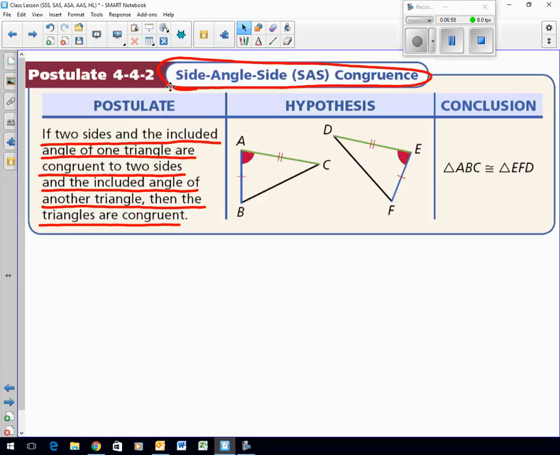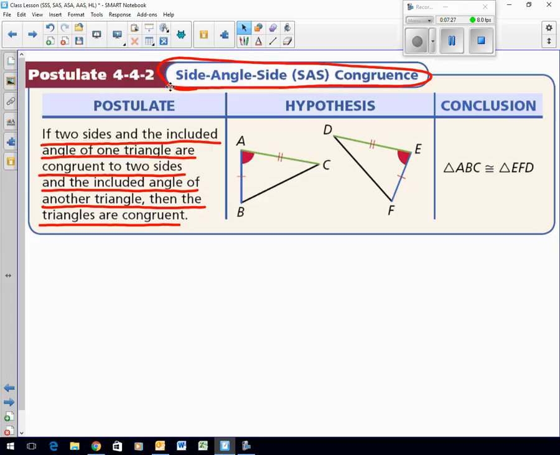What's going to end up happening? Well, I won't give it away. I'll show you as many tricks as I can. In this example, angle A is included between sides BA and CA.